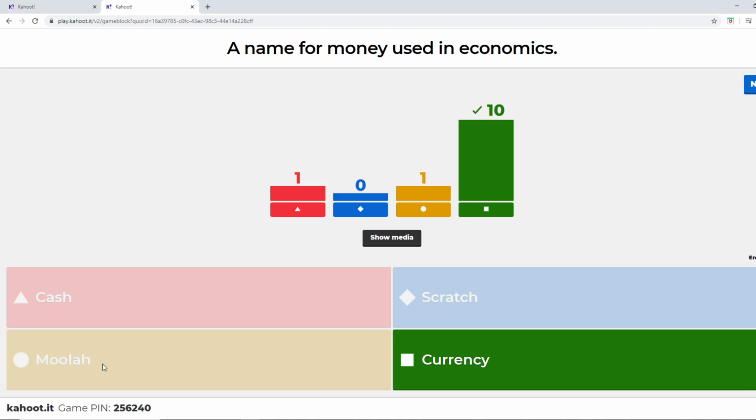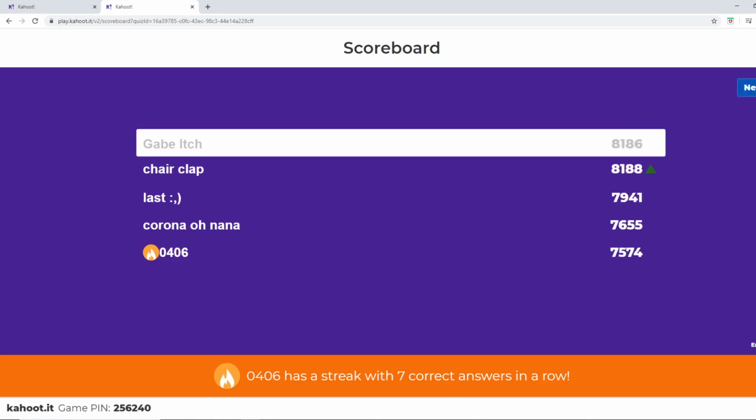Name for money using economics. Cash is just one of the means for money in economics. But when you talk about currency, that's just money in a general term.